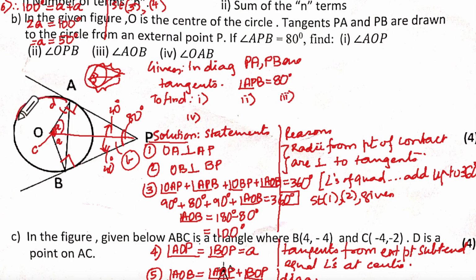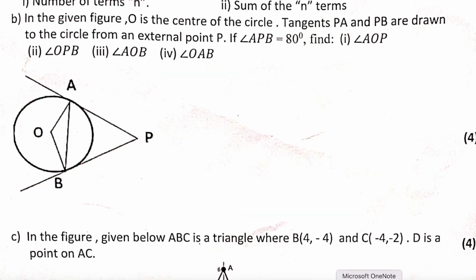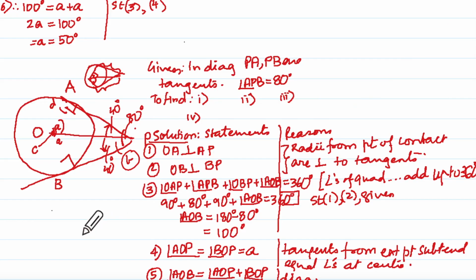This is B, this is A, and this is B, and this is O. Okay, what is A? AOP. And that becomes our answer 1.